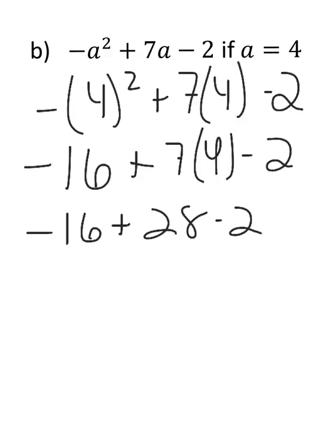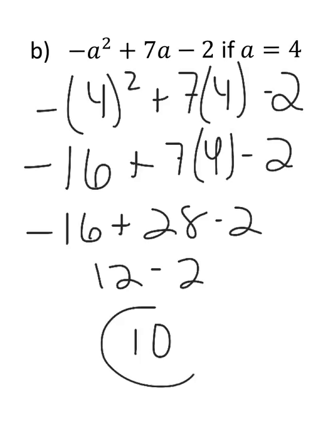Again, working my way down the page. If I have addition and subtraction at the same time, I must perform those from left to right, no matter which one comes first. -16 plus 28 will give us a +12 minus 2. Our final answer with no operations left is 10.